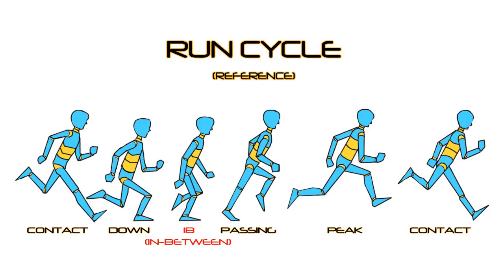So unlike the walk, of course, this is going to happen much faster, probably because the character's running. But you can see similarities still, so that kind of helps us to figure out what kind of poses we need to have to make sure that there's realism in our run. So let's keep this information in mind and get right back into Maya and use this to help us create a very fun and believable run cycle.